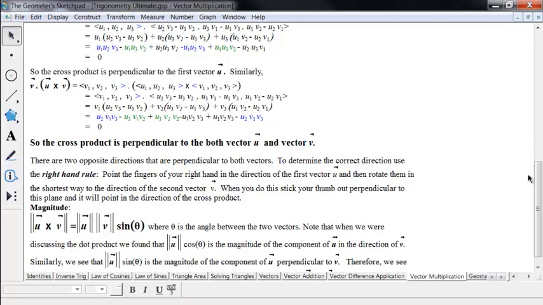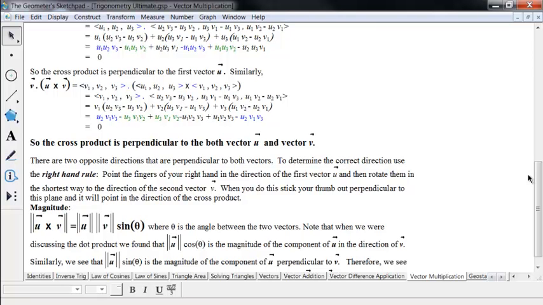Say if you're doing u cross v, you would put your fingers in the direction of u, and rotate them in the direction of v. When you close your hand, you're rotating your fingers in the direction from u to v. And when you do that, your thumb will be perpendicular to that rotation. That will be the direction of the cross product.